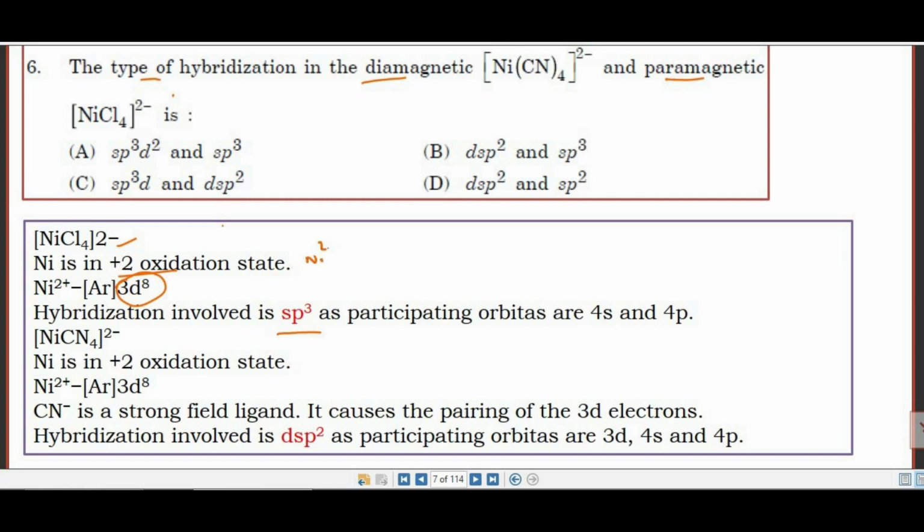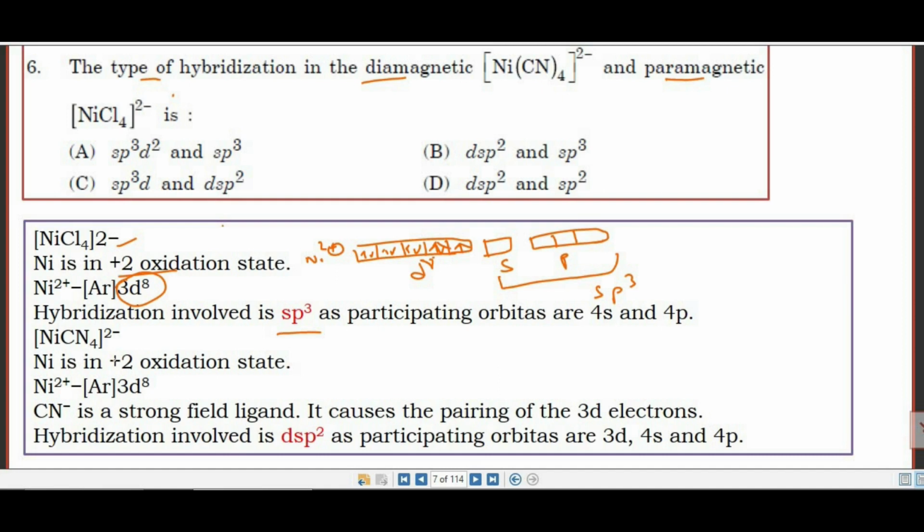Here Ni2+ is a d8 complex. One s orbital and 3 p orbitals hybridize to give sp3 hybridization.